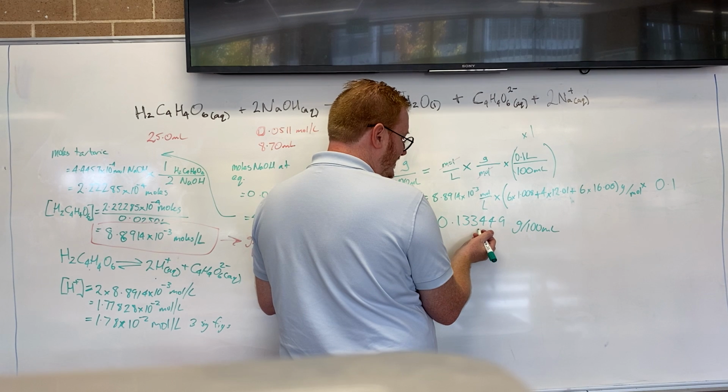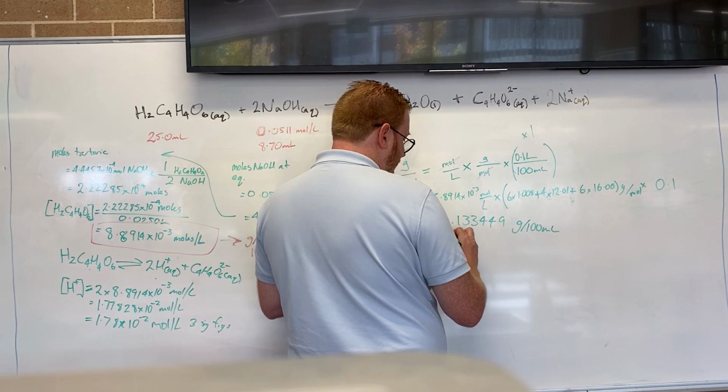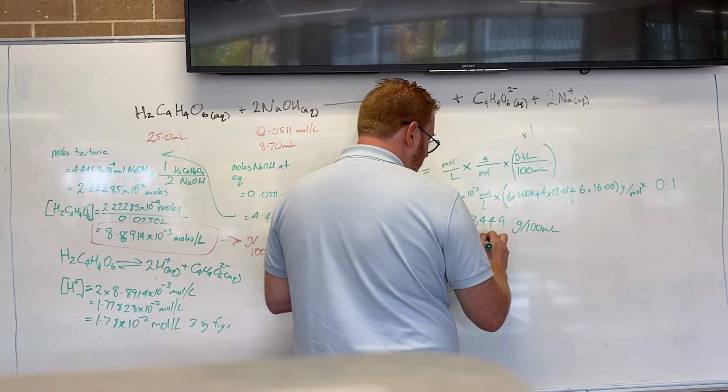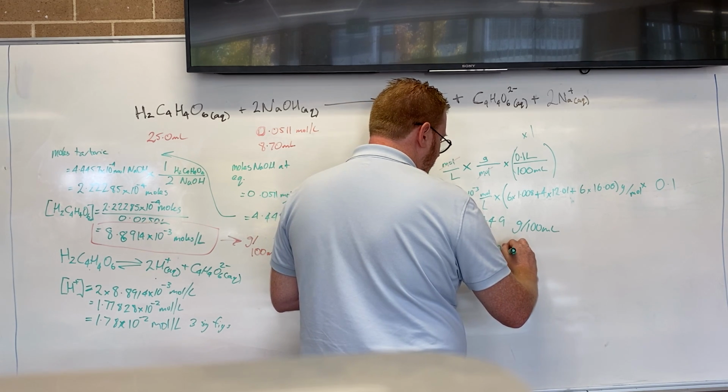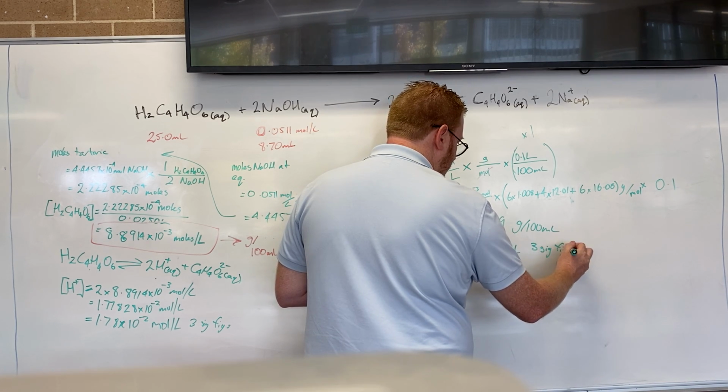The 1 and the 3 and the 3 are significant. The 4 is not, it's less than 5, so it's just 0.133 grams per 100 mil to 3 sig figs.